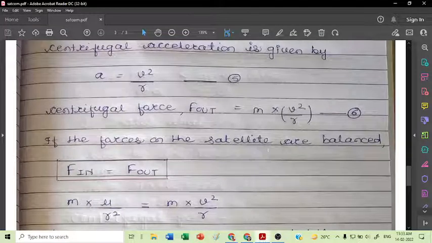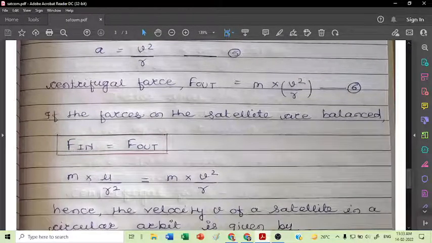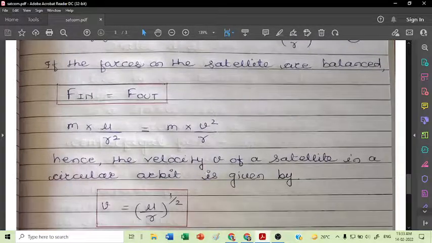Now, if both the forces on the satellite are balanced, it means that F in is equal to F out. Here we are substituting the F in and F out equations. F in is m mu by r square and F out is m v square by r. Now, from this equation, we get the equation of velocity.